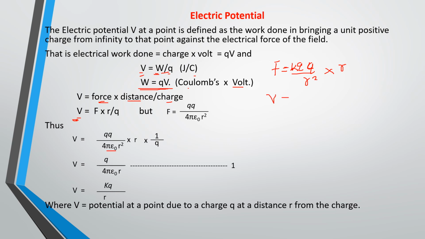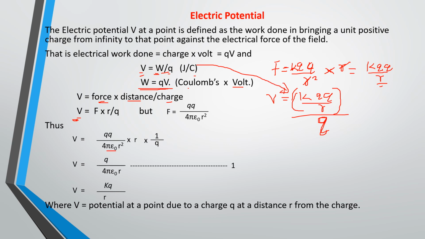V will now be equal to this force multiplied by R. Even if you just multiply this out, you're going to have this K all over R. So you have that this will now be K Q all over R, everything divided by Q. So this is the work done part of it, and then this is the Q in this particular equation.